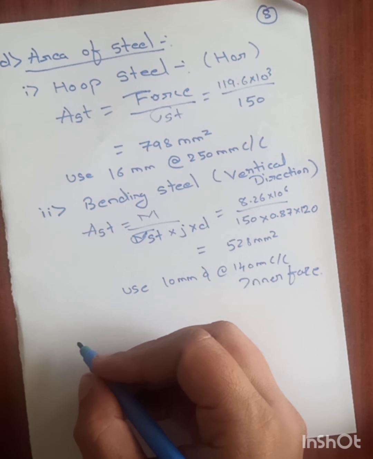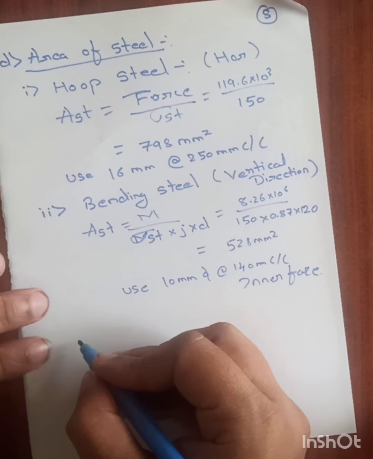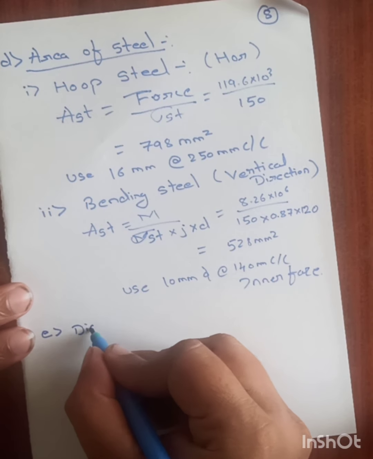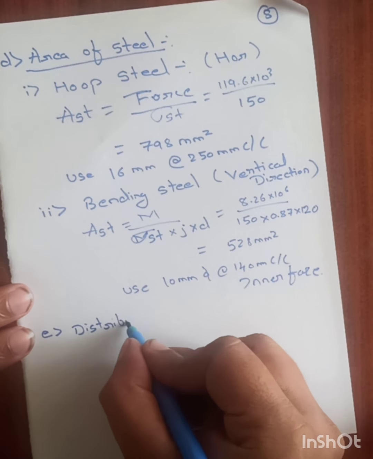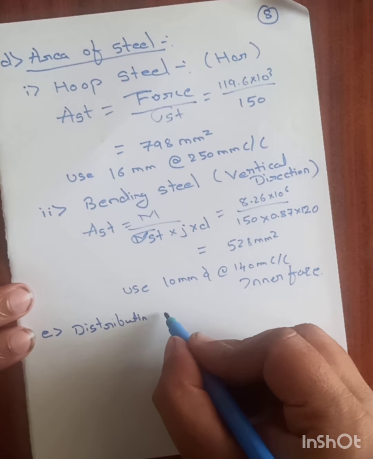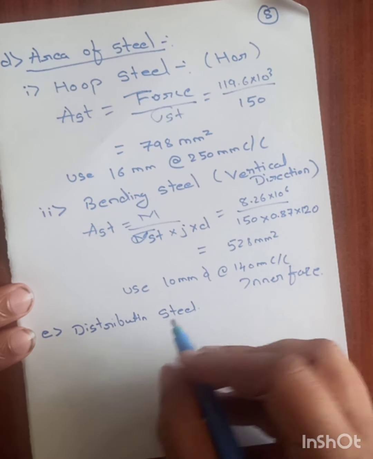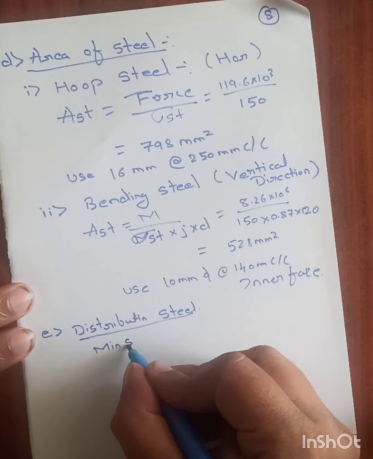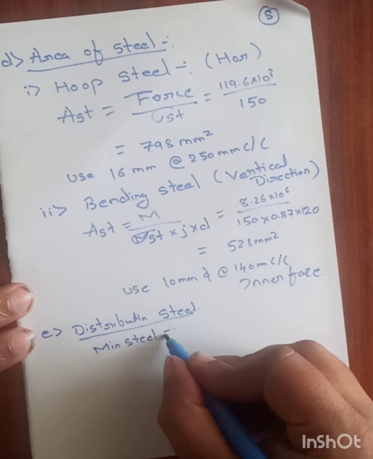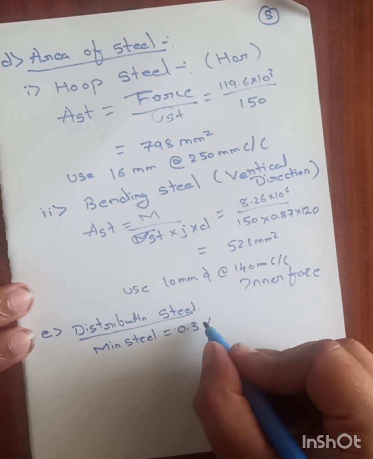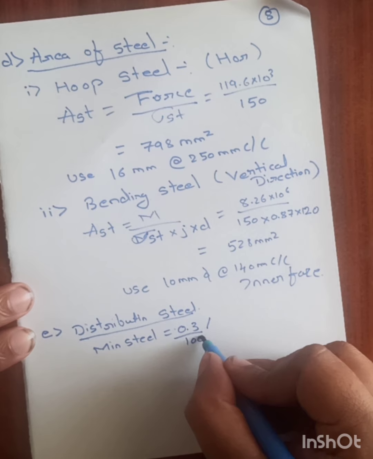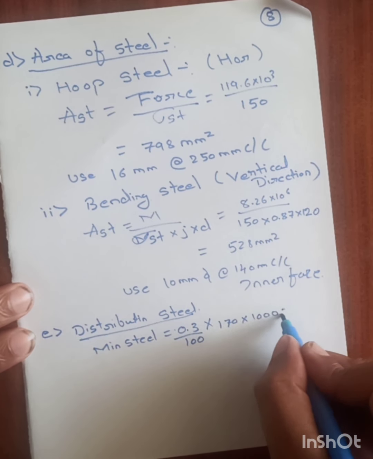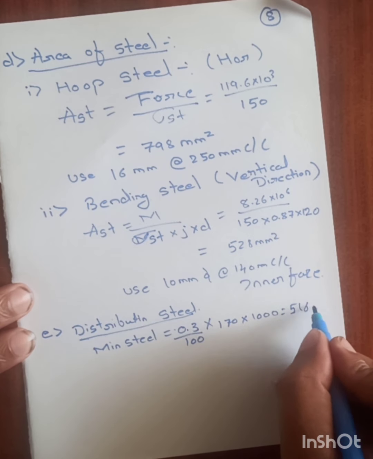So next, vertical steel, that is distribution steel. Distribution steel, minimum steel is 0.3 percentage, which comes around 516 mm square.